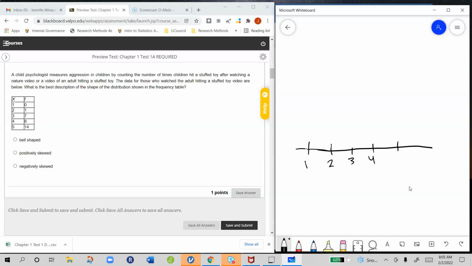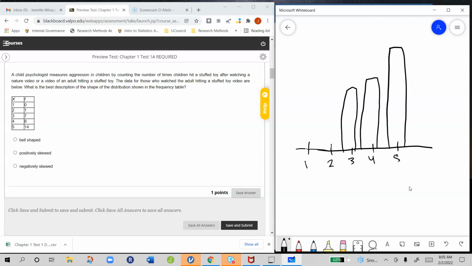Then I have 14 people with scores of 5, 8 people with scores of 4, 7 people with scores of 3, and I'm just ballparking this graph as we go, and then 1, and 1. So that would be a negatively skewed distribution.